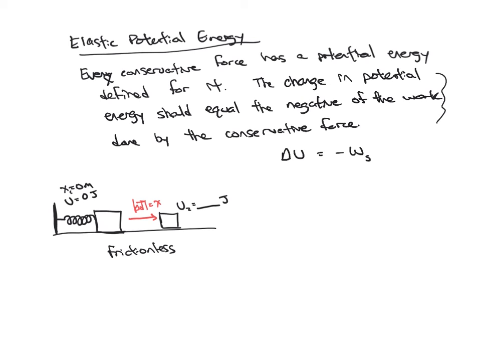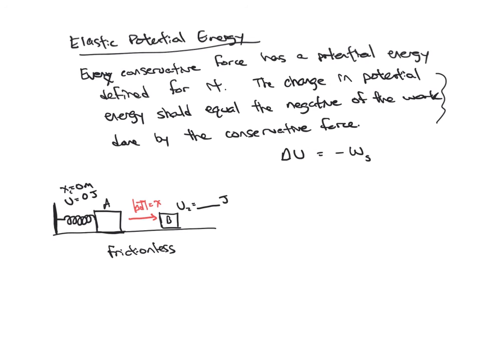To get the box to move from A to B, how did we make that happen? We had to go against the spring. How much work did the applied force have to do? Well, it had to at least counteract the negative work that the spring did on it. So we stick a negative sign there. The spring did negative work, but we want our potential energy to be a positive value.